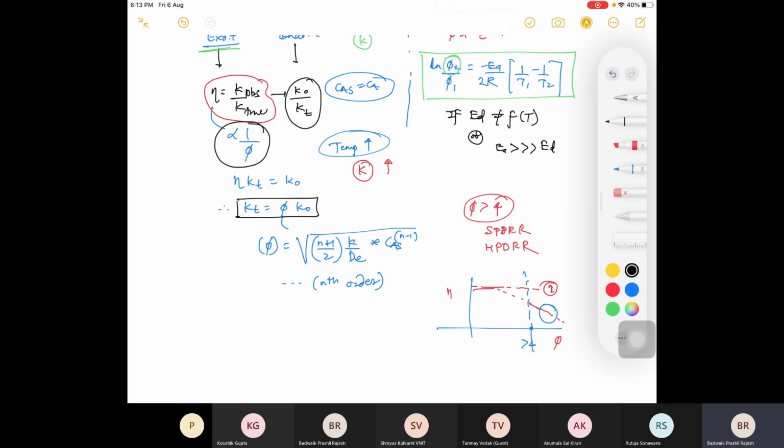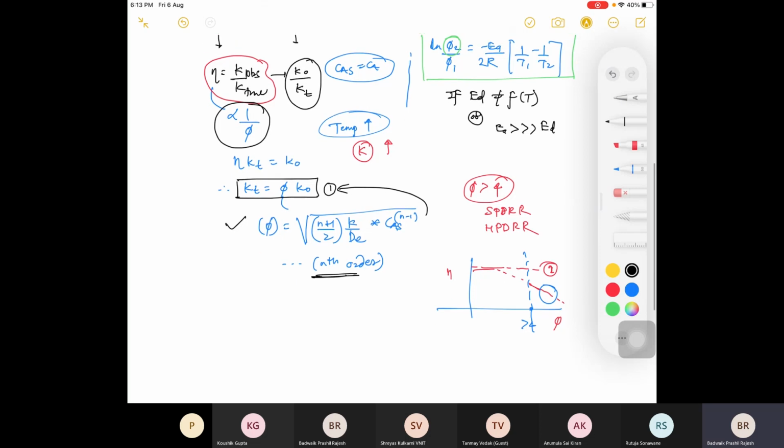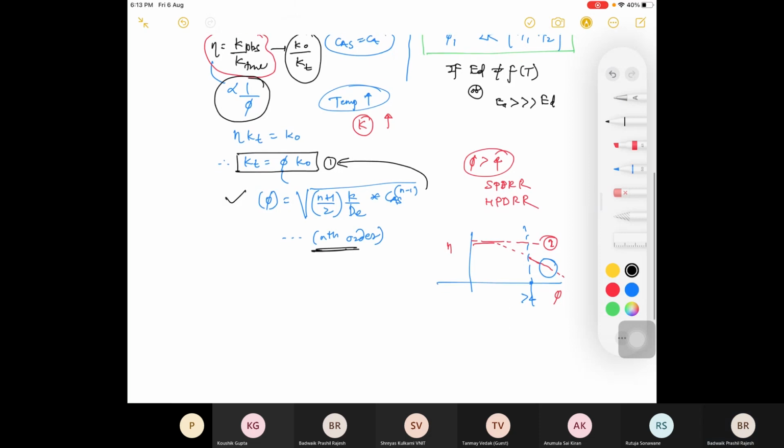And I also told you what phi is for an nth order reaction. Now, if you substitute this phi in the previous equation, you can get your relation between the K's. Basically we are looking at how your activation energy is changing with respect to this phi. So you can write here K true is equal to phi.